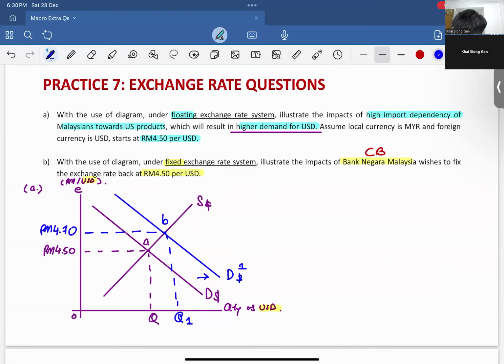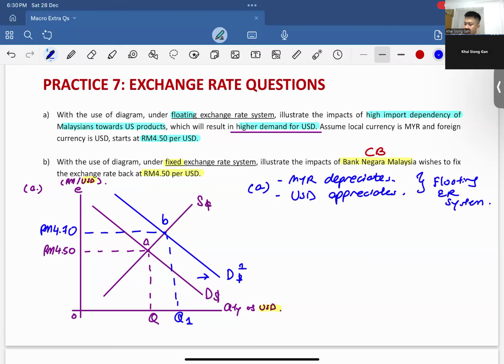So what can we say for question A? The answer: MYR depreciates because more ringgit Malaysia is needed to buy $1 now, and US dollars appreciate because now $1 can get 4 ringgit 70 cent. That's the answer under the floating exchange rate system. As simple as that.